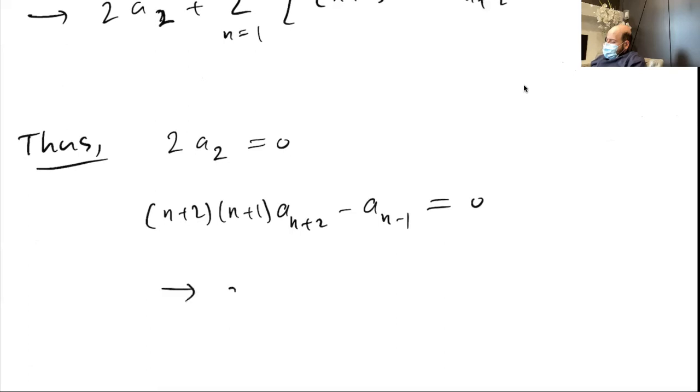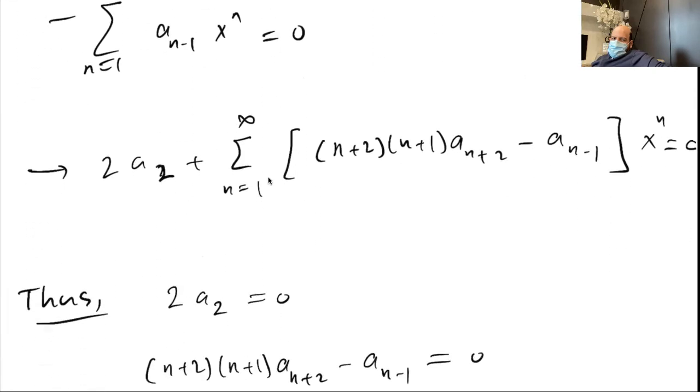And that gives me a_(n plus 2) equals a_(n minus 1) divided by (n plus 2) times (n plus 1). And this has to be valid for n bigger than or equal to 1, because this series starts with 1. This series here starts with 1 to infinity.